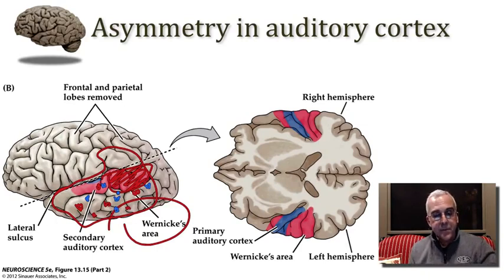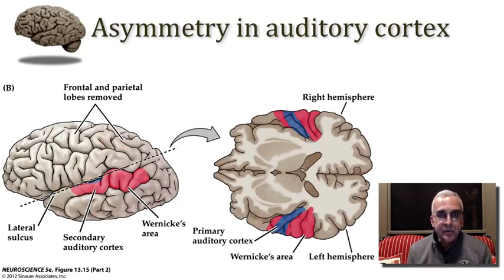Another important point to make about Wernicke's area is that for nearly all of us, it's present in the left hemisphere. Those that have a functional Wernicke's area in the right hemisphere are likely to be left-handers. Now, not all left-handers have a right hemispheric dominance for language function.